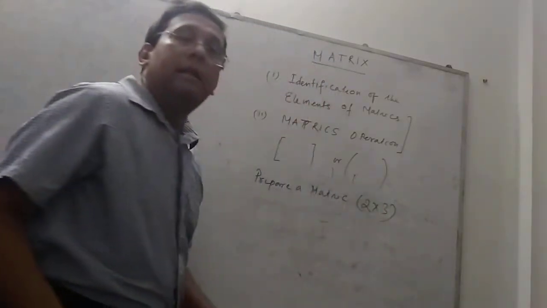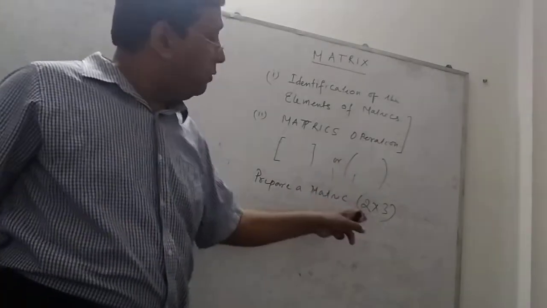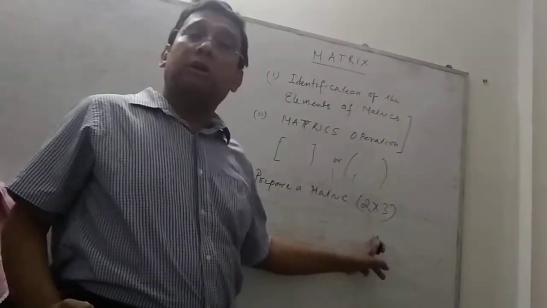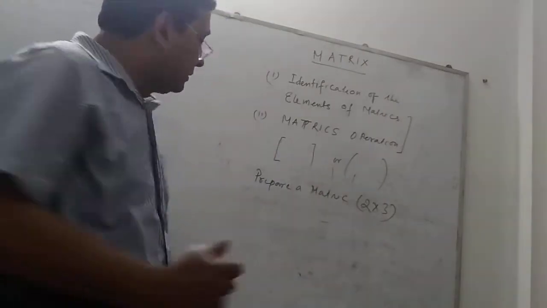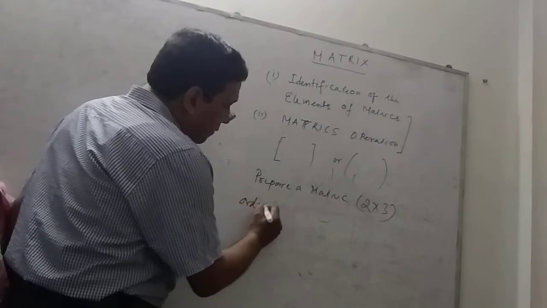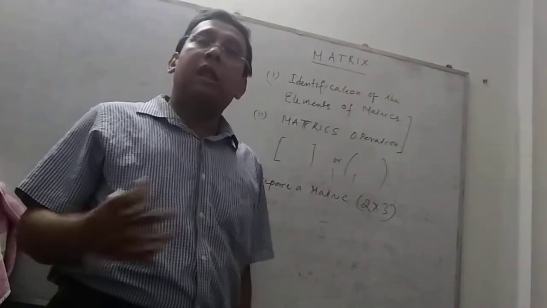By the way, I think all of you know it, I just want to reconnect you. There is also a concept of order of matrix. Now what is order of matrix? Order of matrix means the matrix consists of how many rows and how many columns.